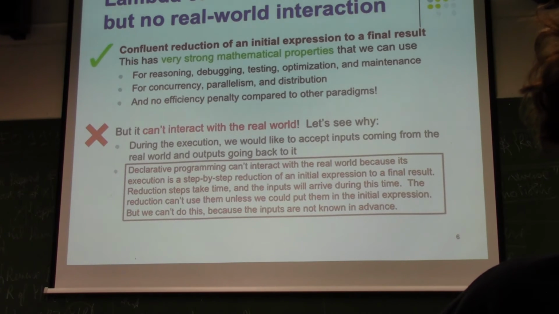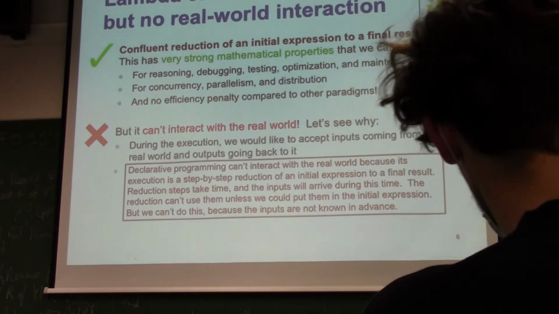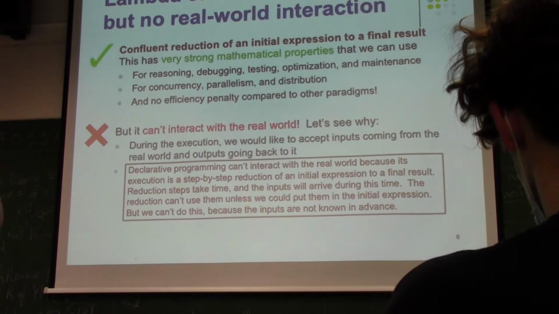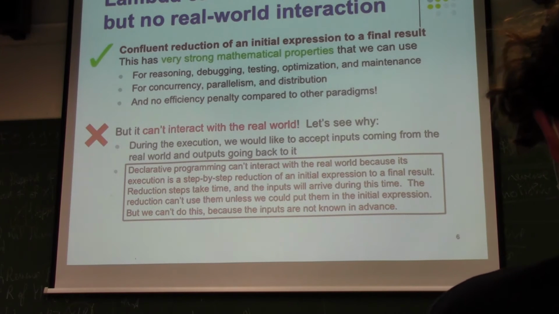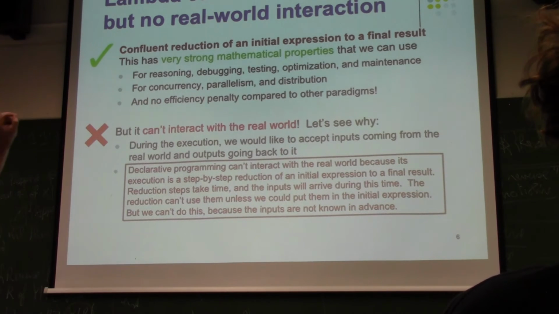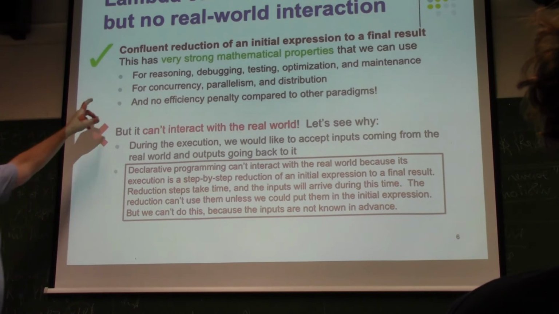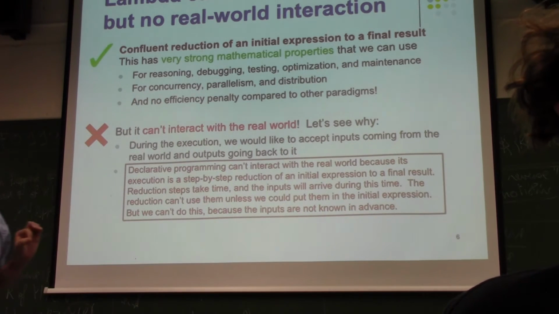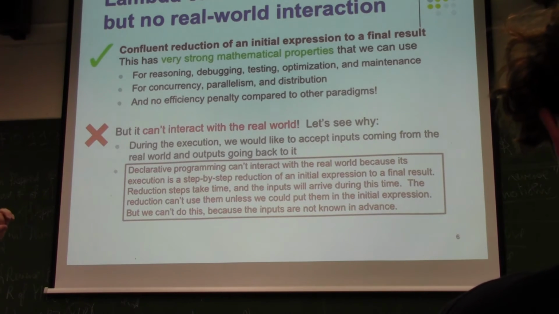So, summarizing, the good and the bad. Lambda calculus is confluent, but there's no real-world interaction. Lambda calculus is the confluent reduction of an initial expression to a final result. So this has very strong mathematical properties, and it's basically the Church-Rosser theorem.